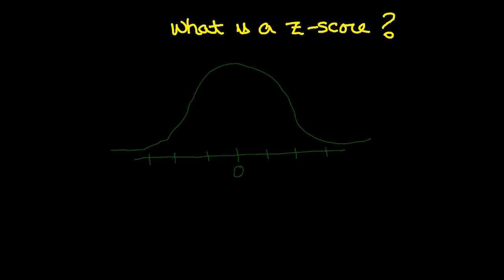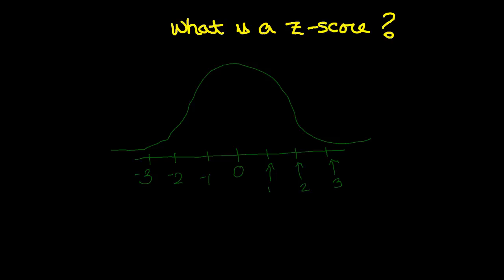Every one of these is a unit in terms of z-scores and standard deviations. So this is 1 standard deviation, 2 standard deviations, 3 standard deviations, and this is -1, -2, -3. But we're talking about our z-scores. We're counting them in units of z-scores.